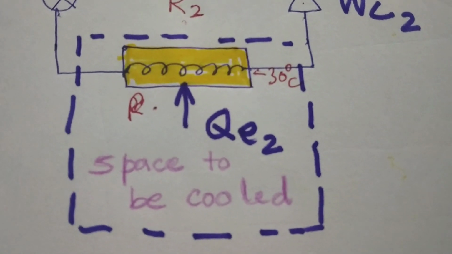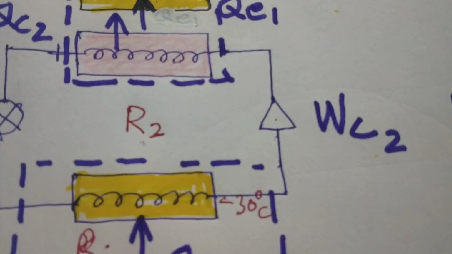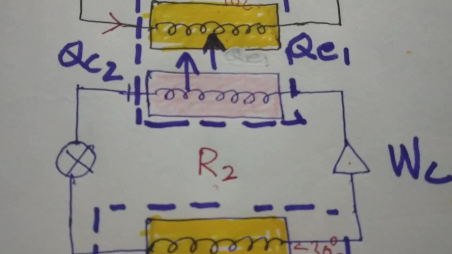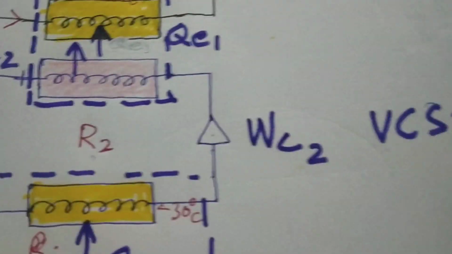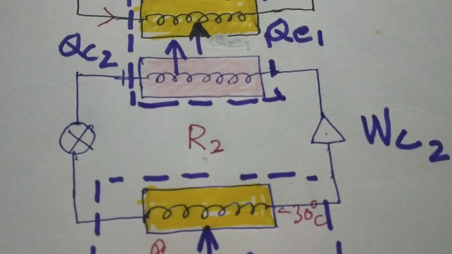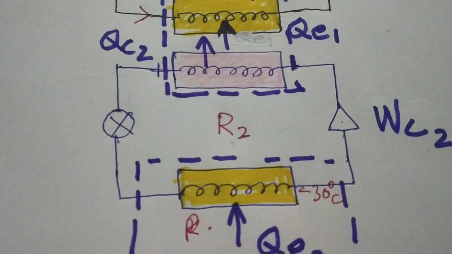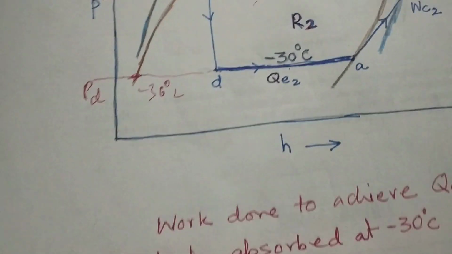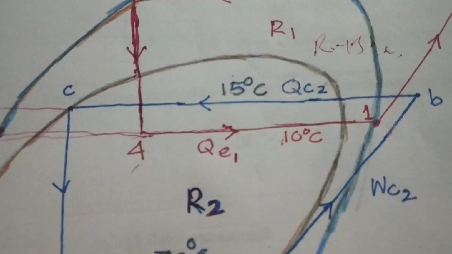So this heat will be absorbed and the compressor will do its work, and the condenser of vapor compression system number 2 will reject heat at 15 degrees centigrade.